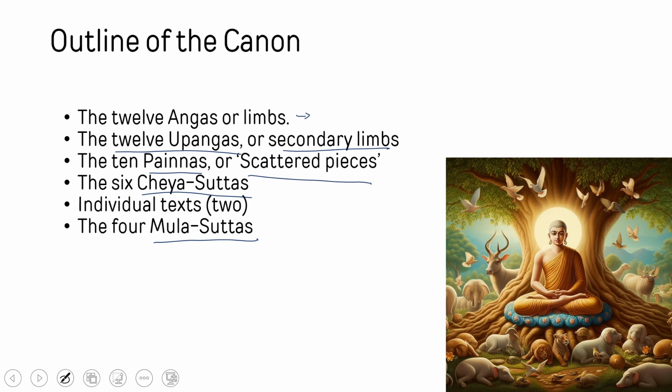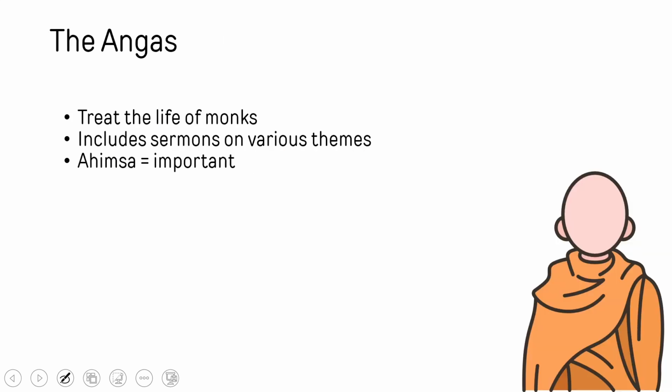Each of these sections had its own specific purpose in the Jaina religion. These are the canons. First and foremost, when we look at the Angas, the Angas refer to the limbs in a way, if you want to put it in simple words.